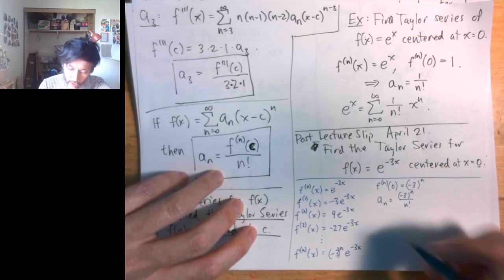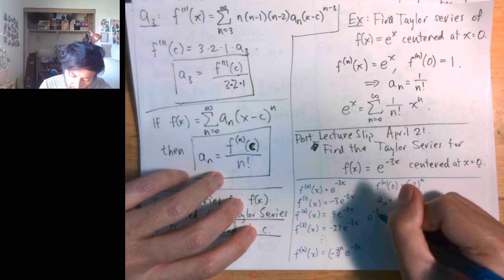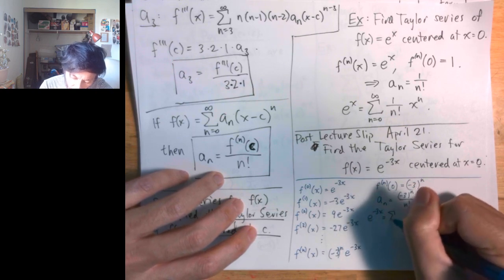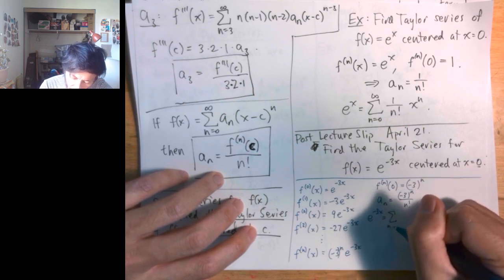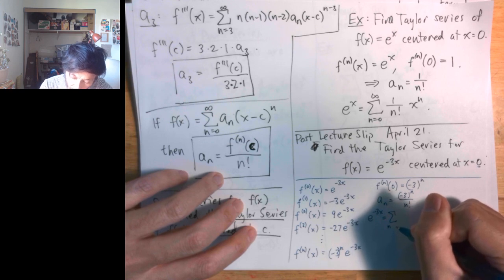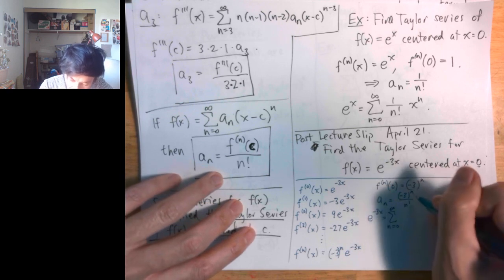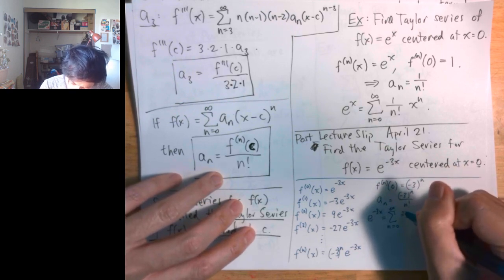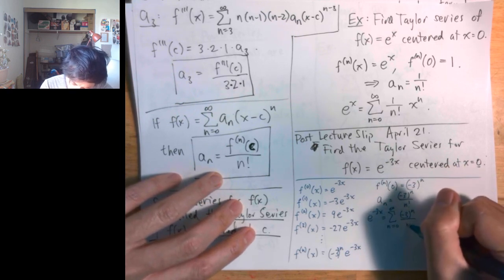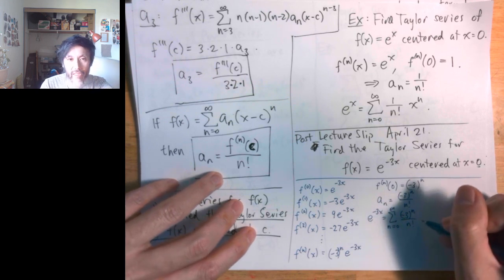All right, which implies that e to the -3x should be given by the sum from n equals 0 to infinity. And now we're going to take a sub n and multiply it by x minus c to the nth power.